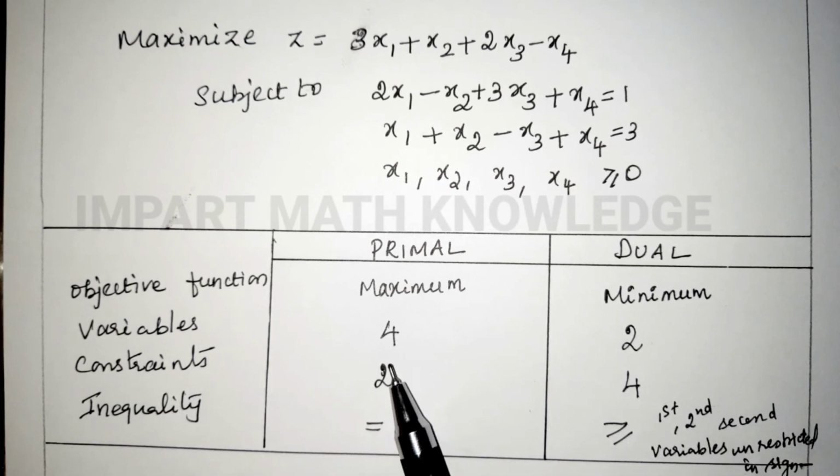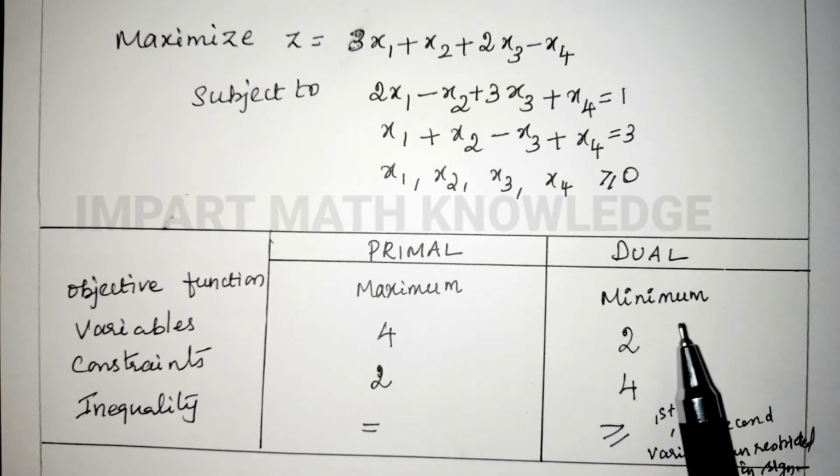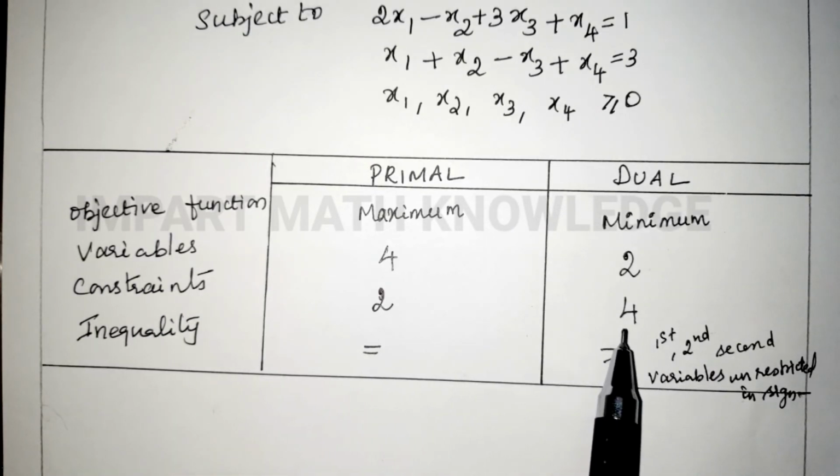Variables are 4 in the primal problem and 2 in the dual problem. Constraints are 2 in the primal problem, when it comes to the dual it is 4. Inequality is equal in the primal problem. In the dual problem, it is greater than or equal to symbol. Since the first and the second conditions are equality form, in the dual problem, first and the second variables are unrestricted in sign.